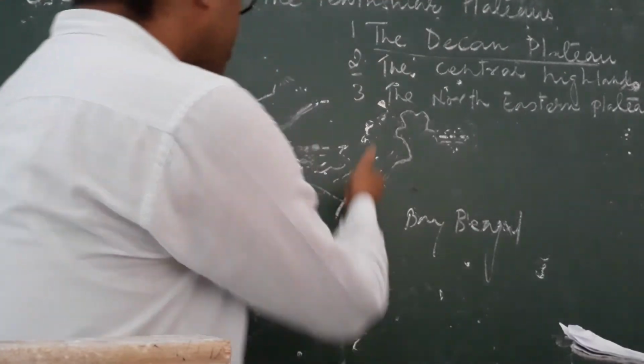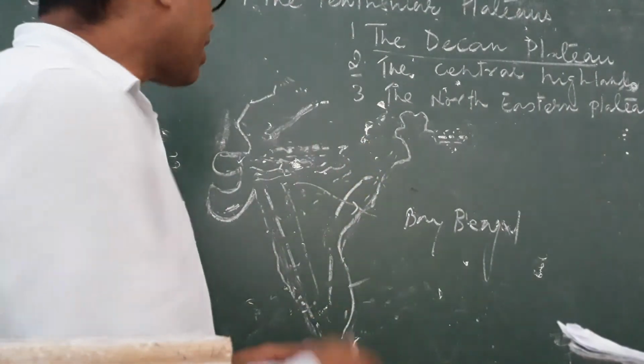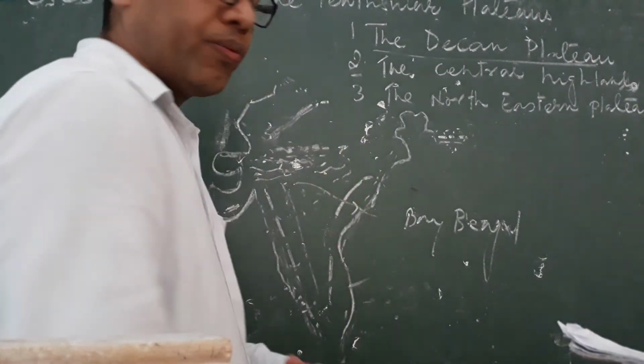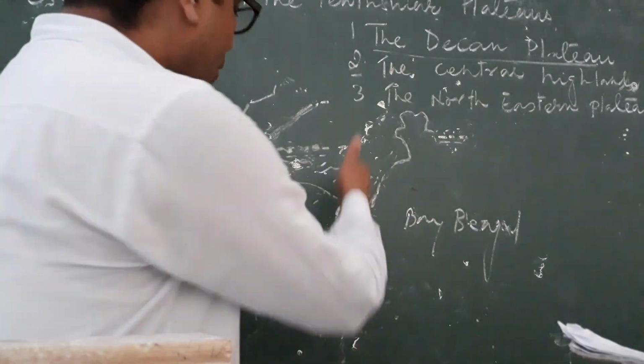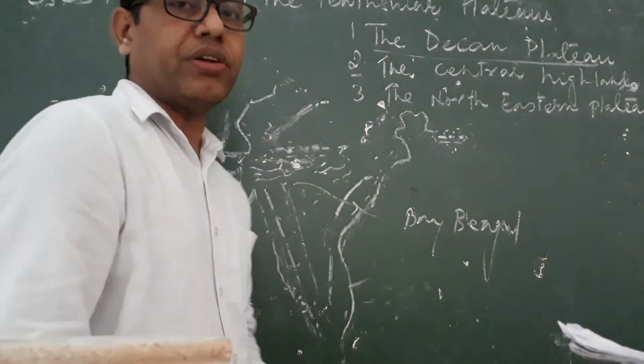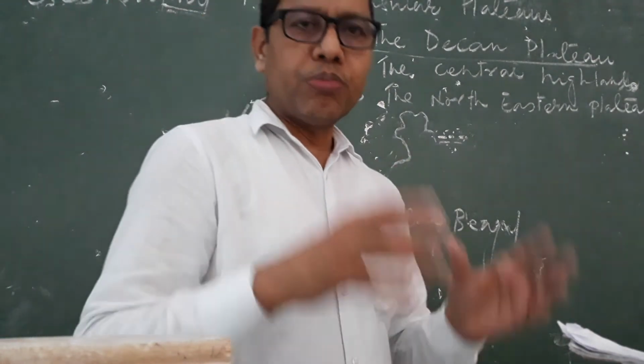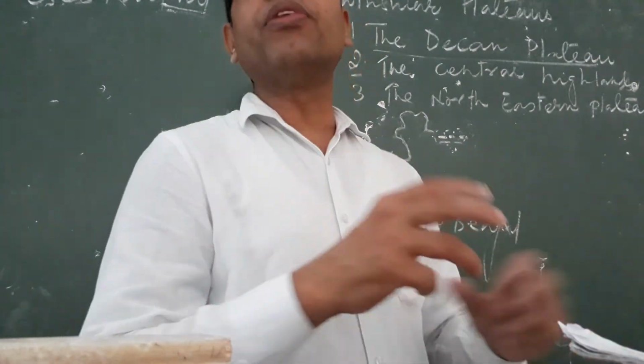Now we come to the Eastern Ghats. Eastern Ghats are relatively low. Its average height is only 600 meter. It is broken, discontinuous, dissected because of the flow of rivers.